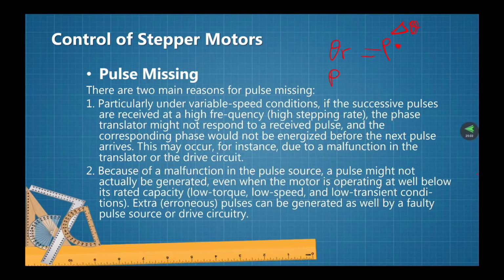And the second is because of a malfunction in the pulse source, a pulse might not actually be generated, even when the motor is operating well below its rated capacity.